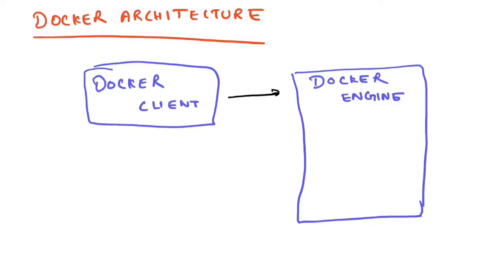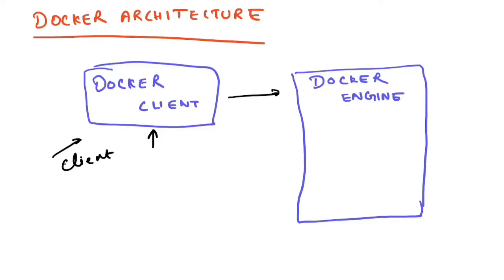So if I say what is Docker client, it's just a client. Whenever you submit any command through CLI, let's say docker build, docker run, docker pull, docker push, this client takes those instructions from you through the command line interface and passes those instructions to the Docker engine in the background.